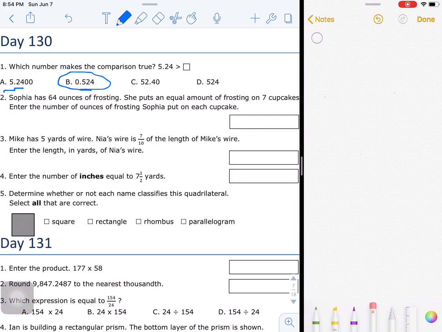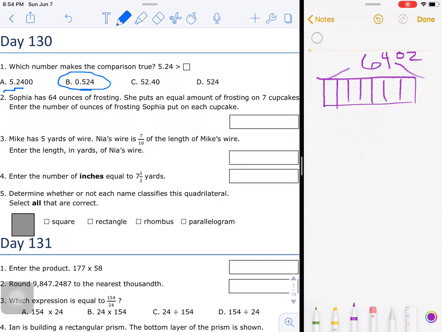Number 2, Sophia has 64 ounces of frosting. She puts an equal amount of frosting on 7 cupcakes. Enter the number of ounces of frosting Sophia put on each cupcake. Well, Sophia has 64 ounces, and she puts them on 7 cupcakes.